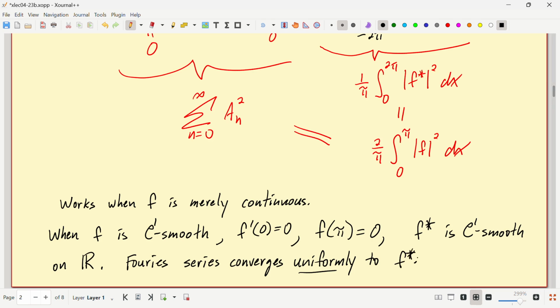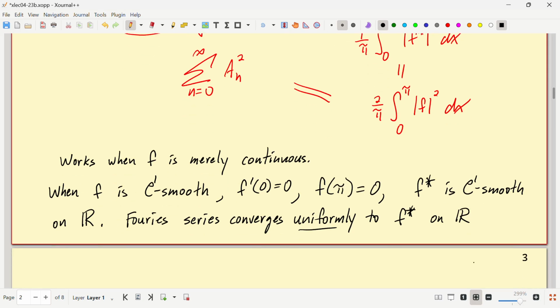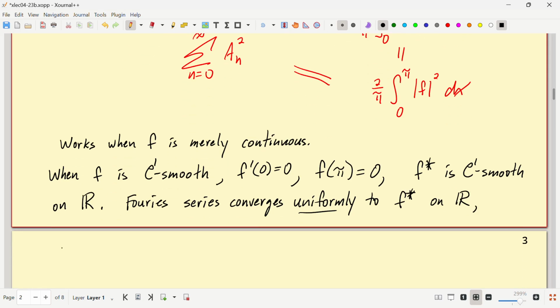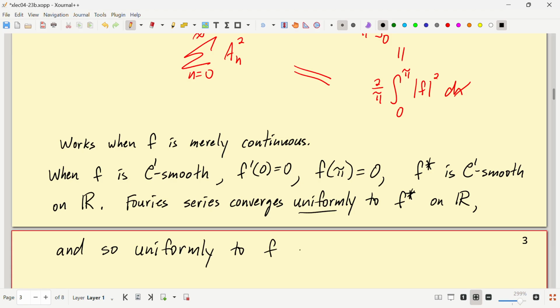So I'd restrict to 0 to pi and know that it converges uniformly to f on 0 to pi. Converges uniformly to f on R, and so uniformly to f without a star, on 0 to pi.